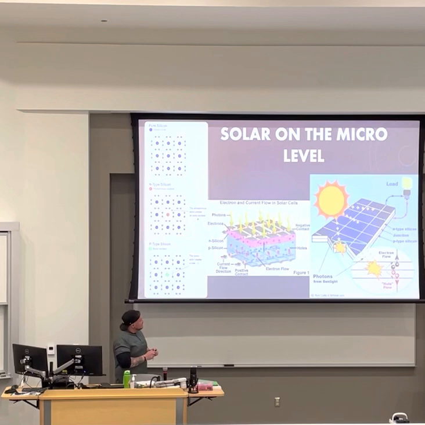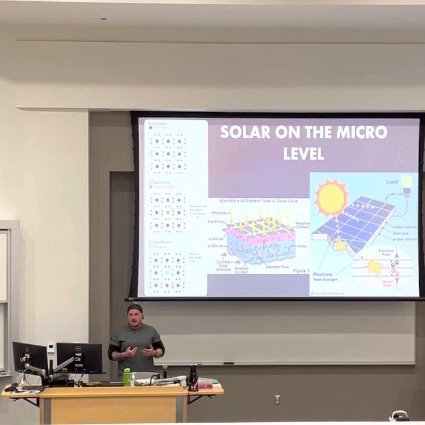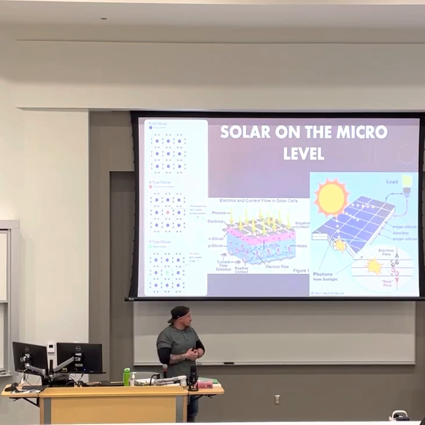So what we have here is how it's sandwiched together. We have the N-type, which is the phosphorus silicon wafer, and the P-type, which is the boron silicon wafer, which kind of causes a gradient between the two. Now, what happens is photons, meaning the sun, so the higher the amount of photons, or the more strength of the sun, hits the solar panels, it excites that free valence electron, and once that gets excited, it hops over the grid and finds the hole that it needs to go into, which causes an electric current.